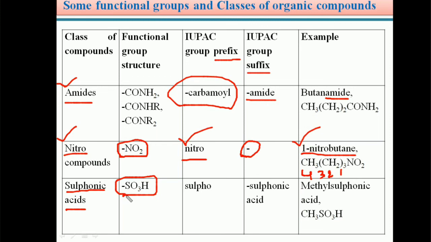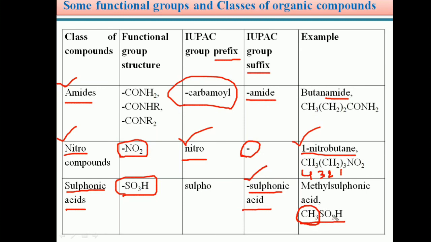Sulfonic acid. If this SO3H group is a principal functional group, then the IUPAC group suffix should be sulfonic acid. For example, CH3SO3H. Students, we know CH3 means methyl, SO3H suffix should be sulfonic acid.